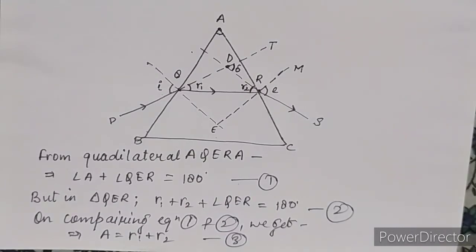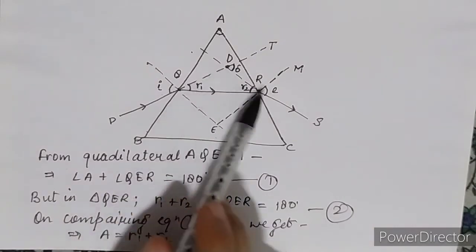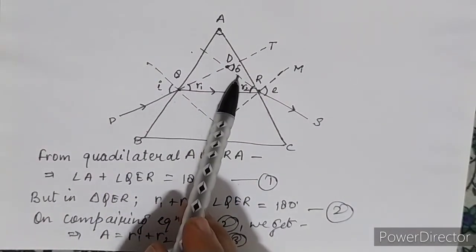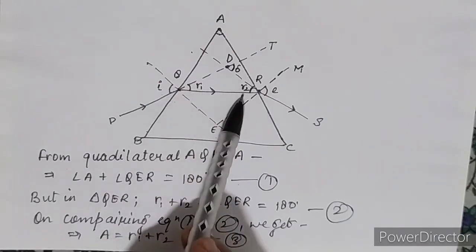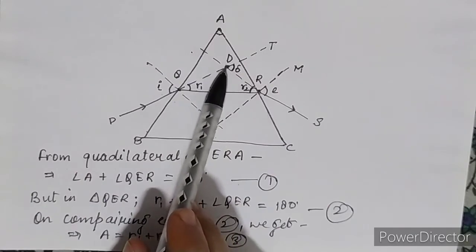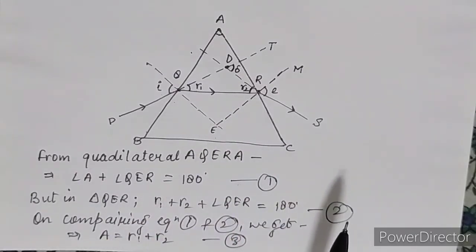Now moving ahead, we are taking the triangle QDR, and you always know that the external angle of a triangle is always the sum of two internal angles, meaning the angle of deviation is equal to angle DQR plus angle DRQ. Clear? Okay, so we are going to write this down.